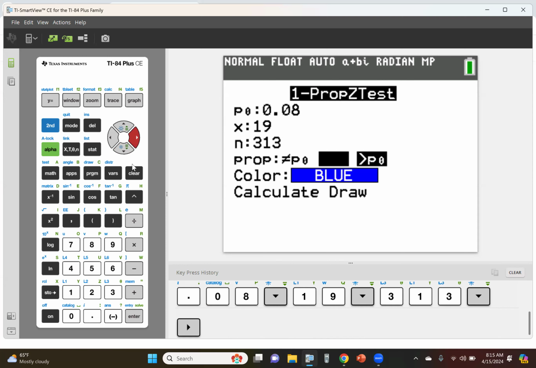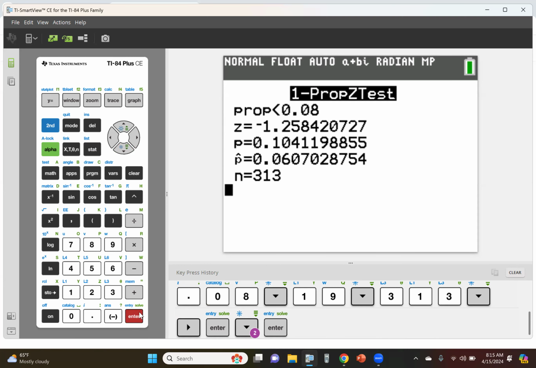And we're going to be doing less than, correct? We're going to match our alternative hypothesis. So our z-score, our test statistic is negative 1.2584. Our p-value is 0.1041 and p-hat is 0.06.